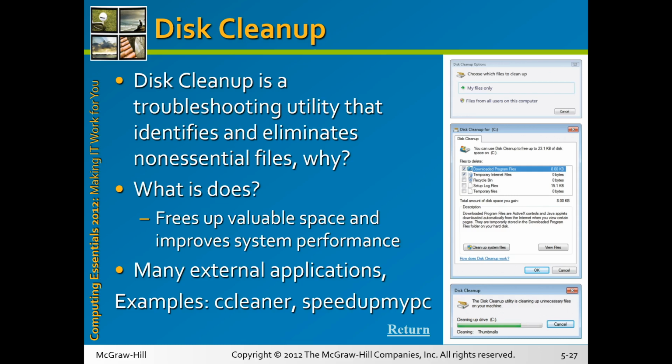Number one, of course, is to speed up the computer system. The more unneeded files, the more dump files, in another meaning, they will slow down the hard disk, because they will, number one, take up unneeded or unwanted space.